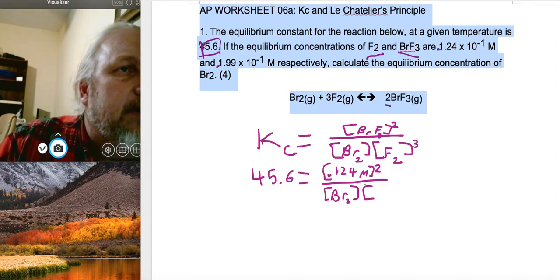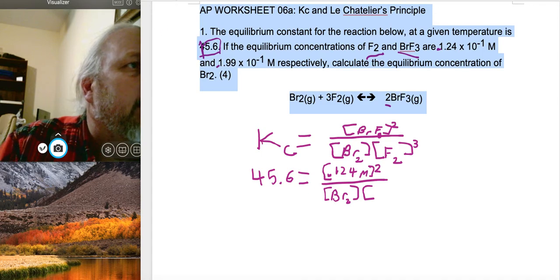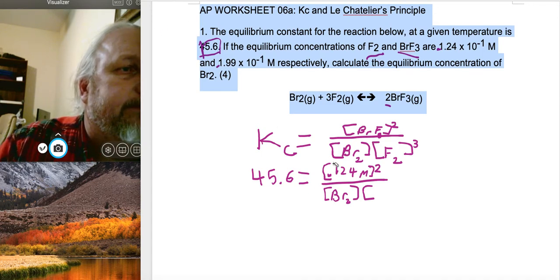Oh, I messed up. It's not 0.124 for BrF3, so I'm going to erase that.